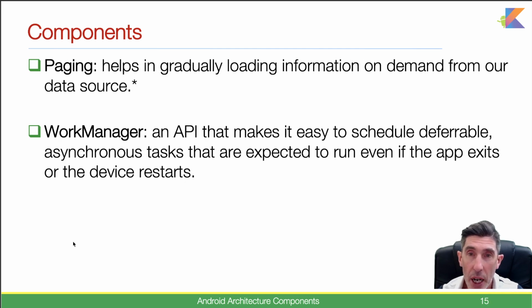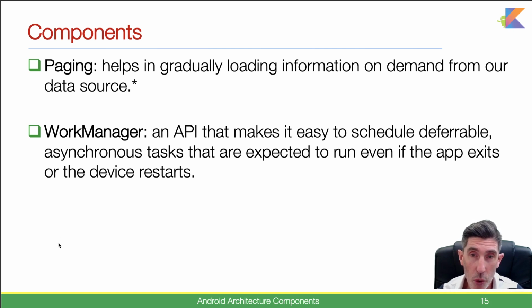Last couple there, we have paging, which helps in gradually loading information on demand from a data source. You may be familiar with this if you've done any kind of web development. So again, we don't have to load up everything in one go. It may take a long time, especially if you're downloading it from some cloud resource. So paging will give a much better experience to the end user.